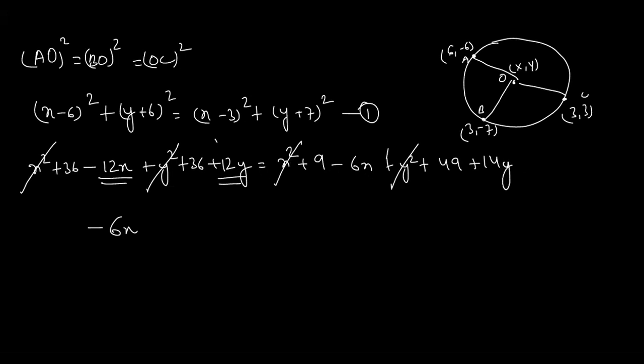This one is positive 12y and this one is positive 14y, so when this comes to this side, it gives you minus 2y. Here we have plus 36 and plus 36, which gives you 72.